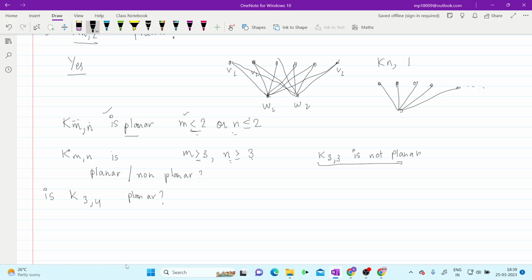We have a characterization that G is a planar graph if and only if it does not contain any subgraph that is edge contractible to K33 or K5. So can we say that if M is greater than or equal to 3 and N is greater than or equal to 3, K33 will be a subgraph of this?